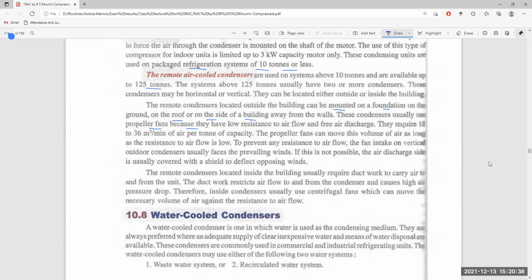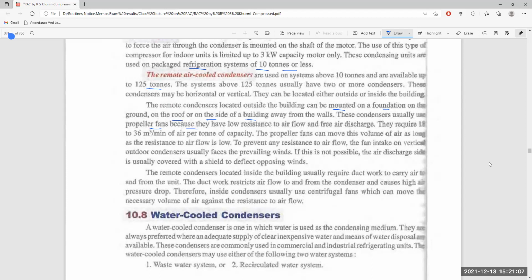To prevent any resistance to airflow, the fan of a vertical discharge condenser usually faces the prevailing wind. If this is not possible, the air discharge side is usually covered with a shield to protect against opposing winds. A remote condenser located inside the building usually requires ductwork to carry air to and from the unit.